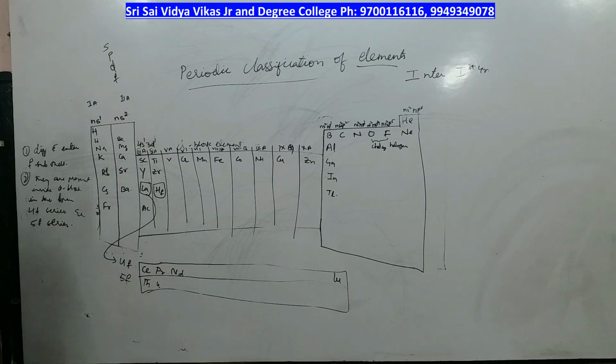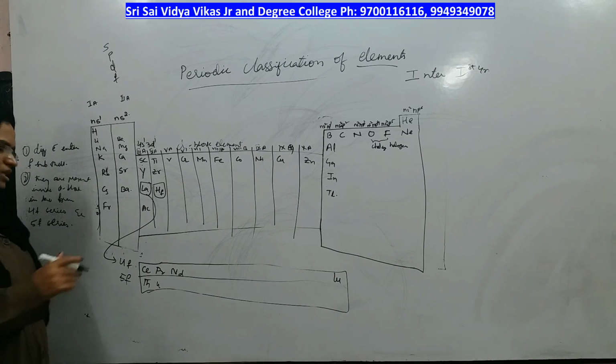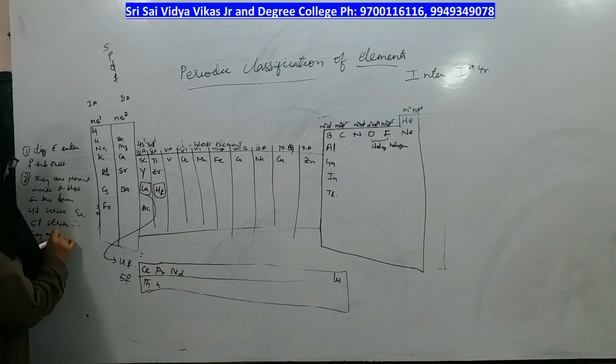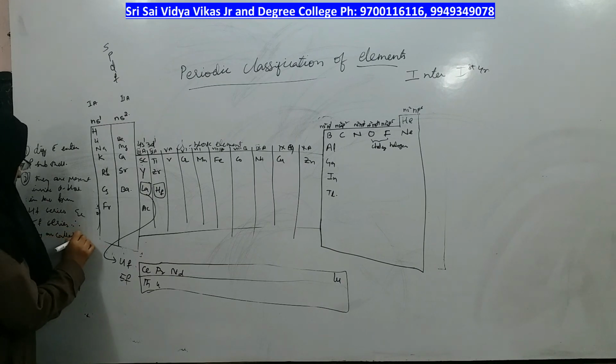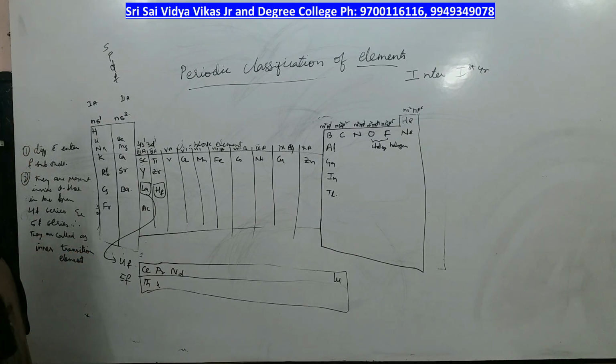As D block elements are called transition elements, F block elements are called inner transition elements. They are present inside a transition, therefore they are called inner transition elements.